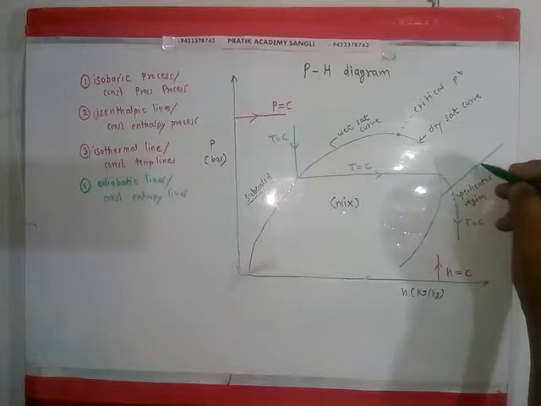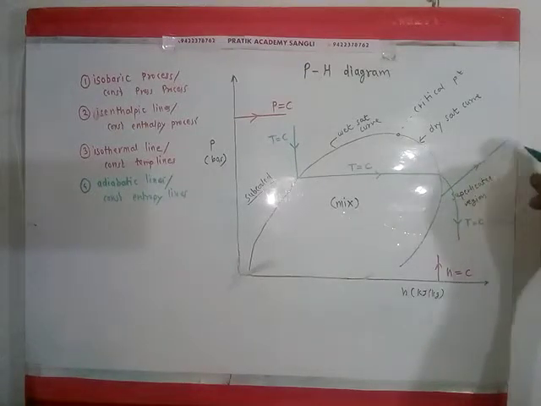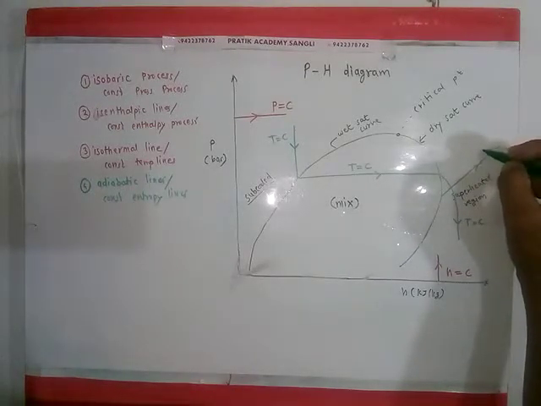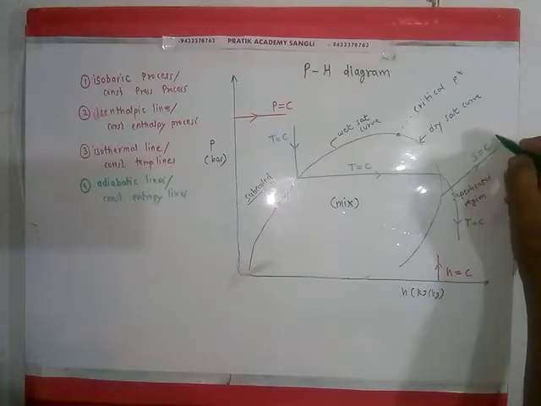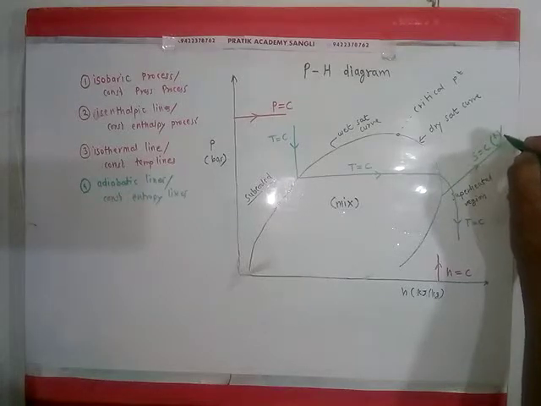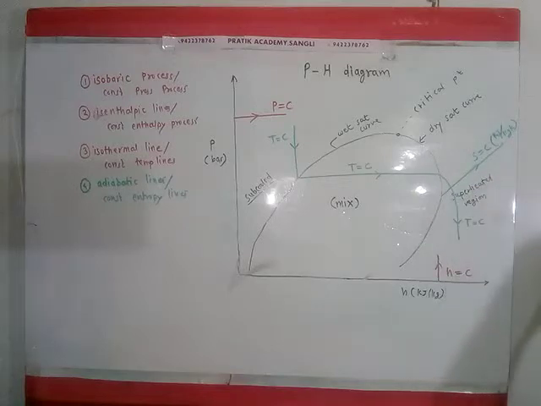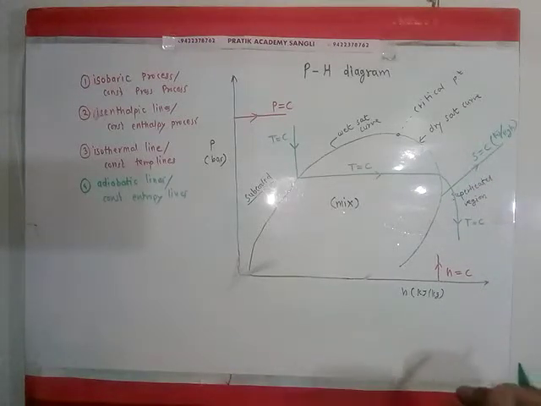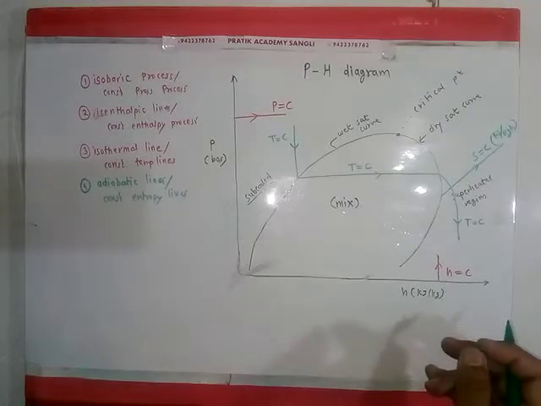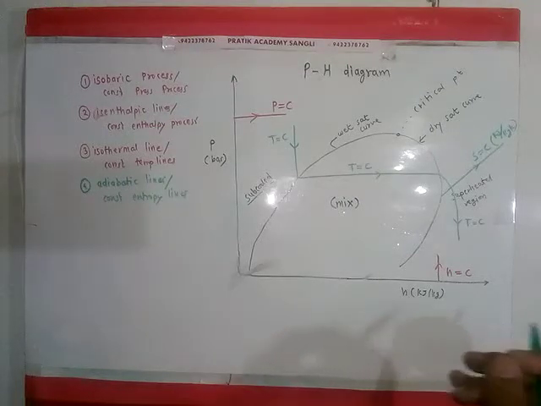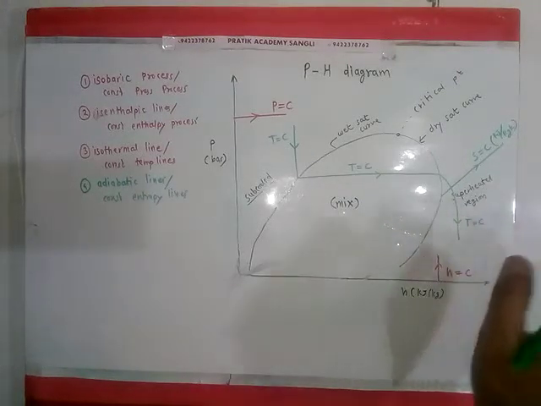So if we find any inclined line here, these lines represent constant entropy. The unit of entropy is kilojoule per kg Kelvin, or in some cases kilojoule per kg degree Celsius. So these are the constant entropy lines, which are inclined.